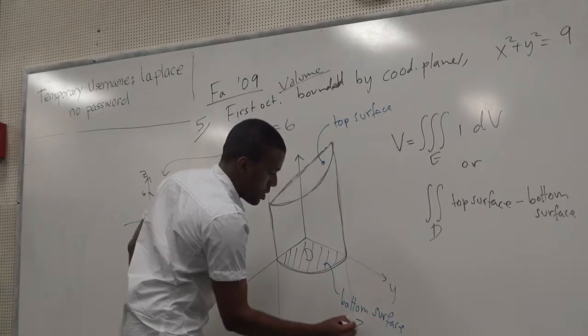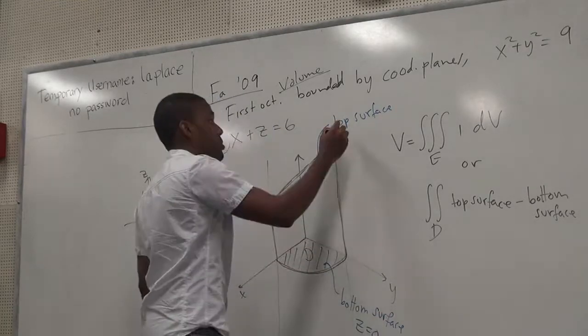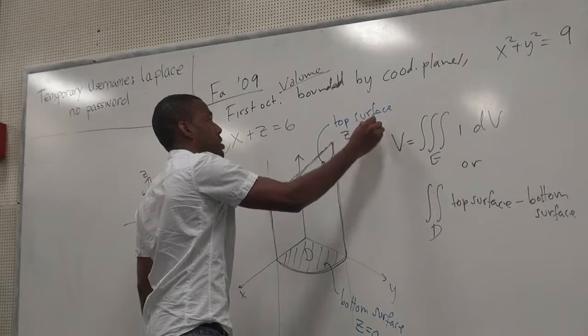The bottom surface is z equals 0, and the top surface is z equals 6 minus x.